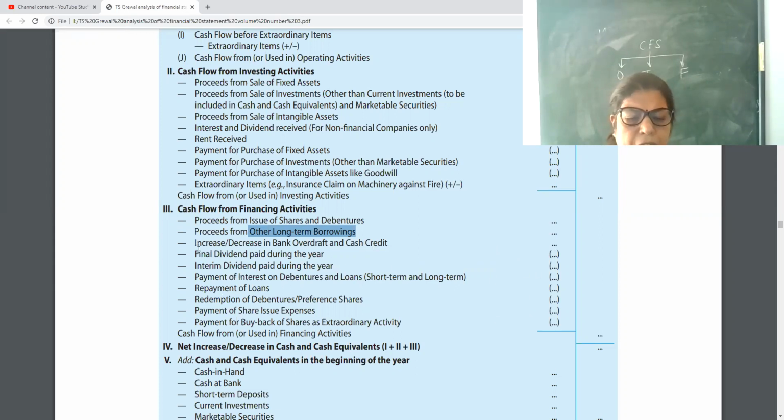Now, outflows. Final dividend paid during the year. Interim dividend paid during the year. Paid means outflow. Payment of interest on debentures, whether short-term or long-term, that is also outflow. See, payment means cash is going out.